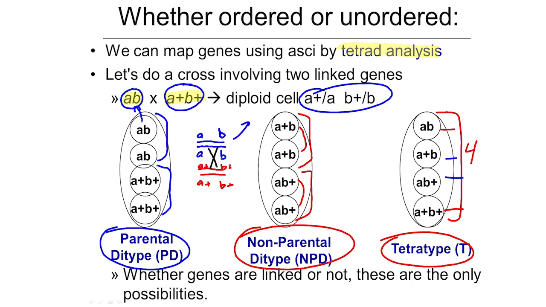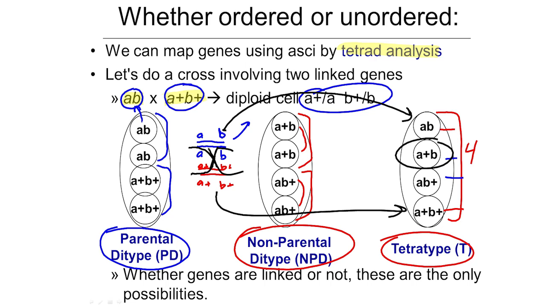I'm sorry to draw lines all over the place, but this one, remember, it didn't get touched. That's the AB. This one down here didn't get touched. But the 2 in the middle that exchanged a portion, this one is now going to be A plus B, right there, right? This one is going to be A, B plus. So a tetratype ascus is the result of a single crossover event between 2 loci.